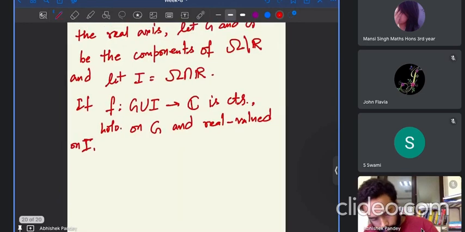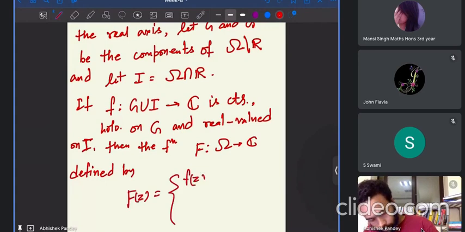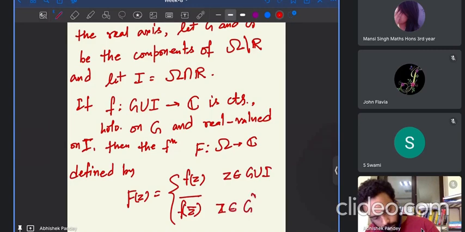Basically, the function F from omega to C defined by F(z) is f(z) when z belongs to G union I, and the conjugate of f(z-bar) if z belongs to G star.